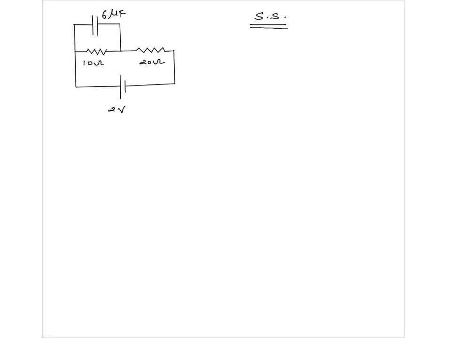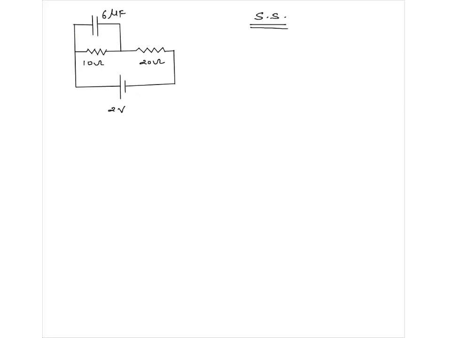Transient analysis will be covered in this topic, and that is something which we will discuss later on. Now, regarding this steady state analysis, the capacitor has been charged and it blocked the current completely. Cut it. It's an open circuit.